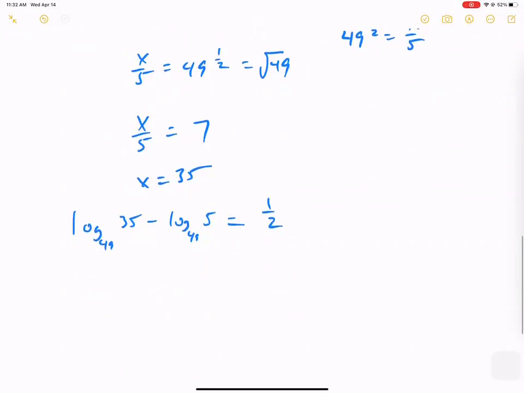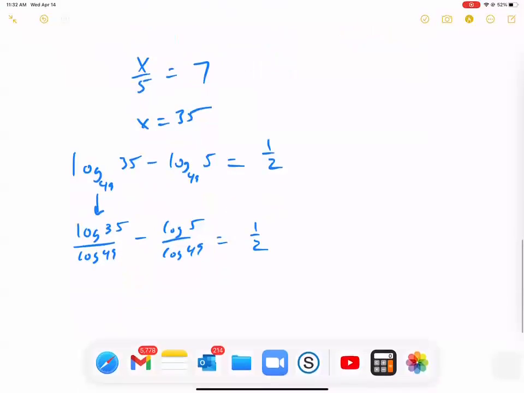If you remember, to write this we need to change the base. Log of 35 divided by log of 49 minus log of 5 over log of 49. Does this equal 1/2 for us? Just to work it out for you, to show you that it is possible for us to check.